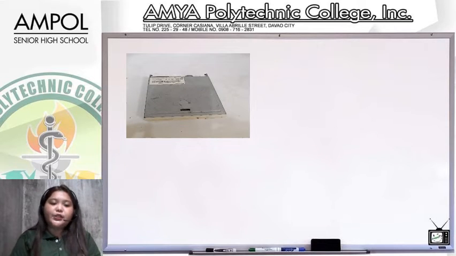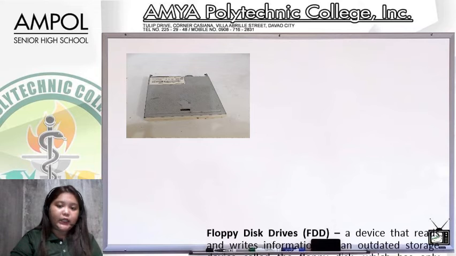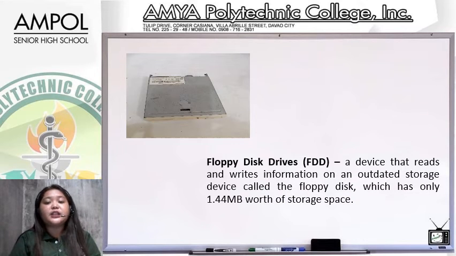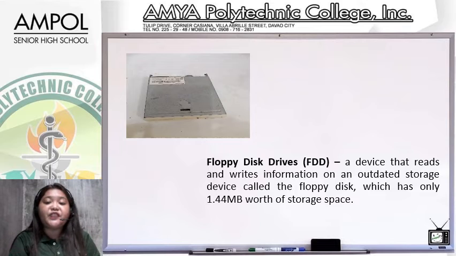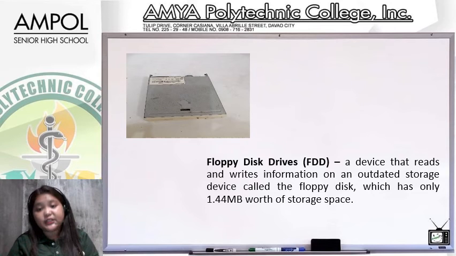Next, in the picture, is the floppy disk drive or FDD. A floppy disk drive is a device that reads and writes information on an outdated storage device called the floppy disk, which has only 1.44 MB worth of storage space.